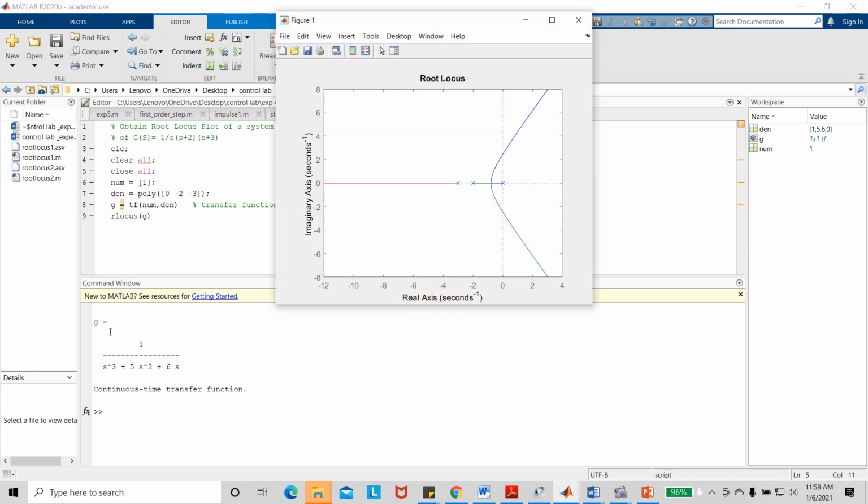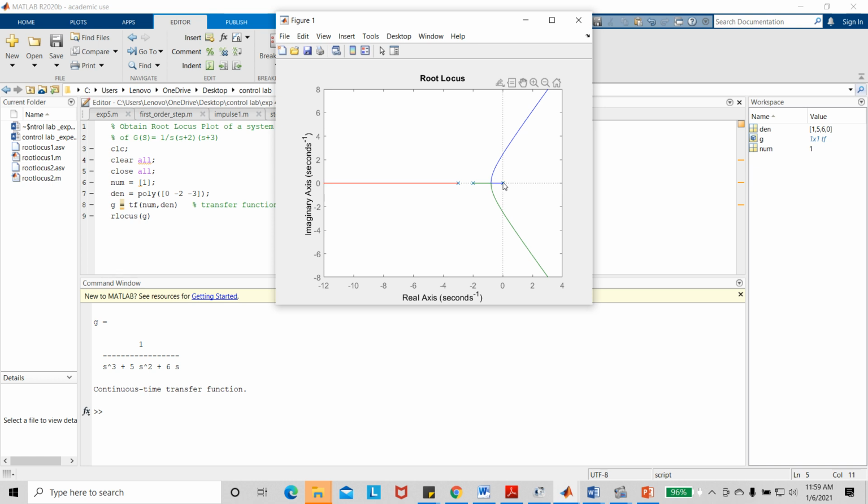As you see, the transfer function G = 1/(s^3 + 5s^2 + 6s). So this is a third order system, and this is the plot for this system. Here 3 poles are there, one at s = 0, second at -2 and third at -3. As gain k increases, this system goes towards the right hand side of the s plane.